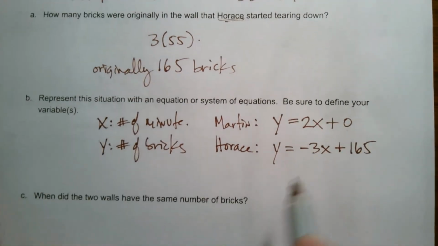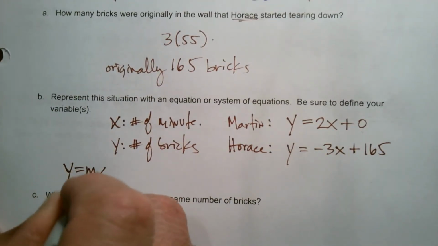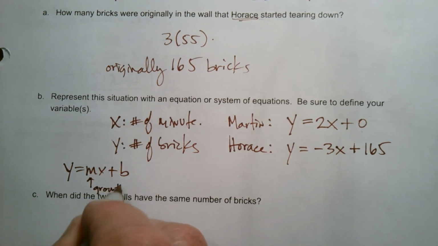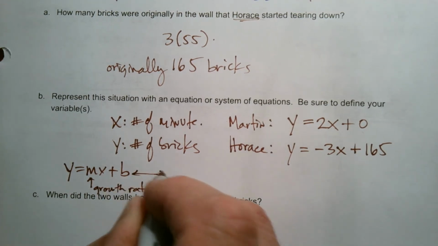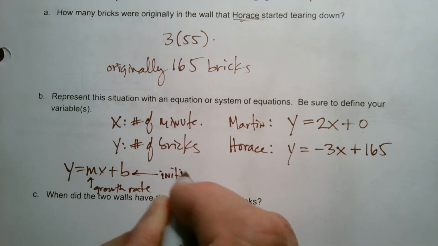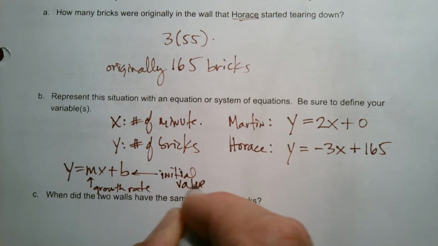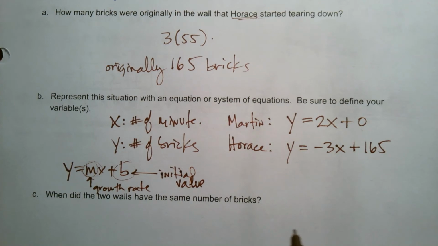As a reminder, I'm pulling this all from y equals mx plus b, where m represents the growth rate, and b always represents the initial value, or the y-intercept on a graph. It's that starting point.